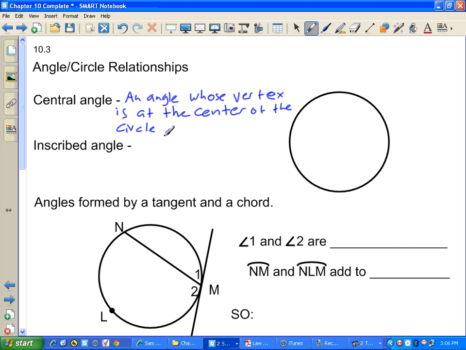Okay, and as we said earlier, the measure of the central angle is equal to the measure of its enclosed arc or encompassed.